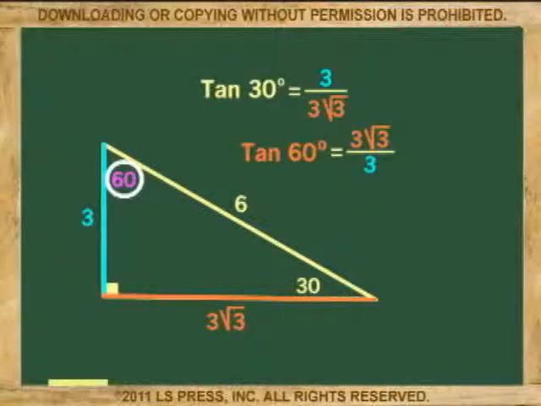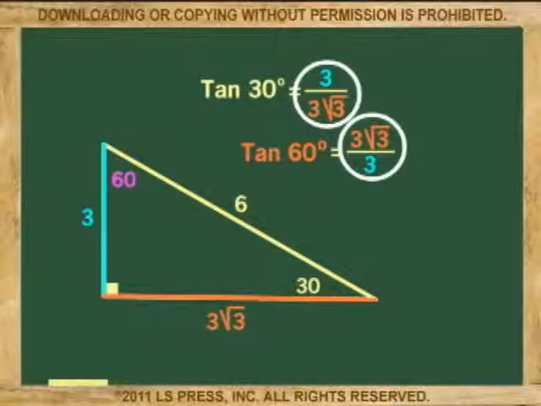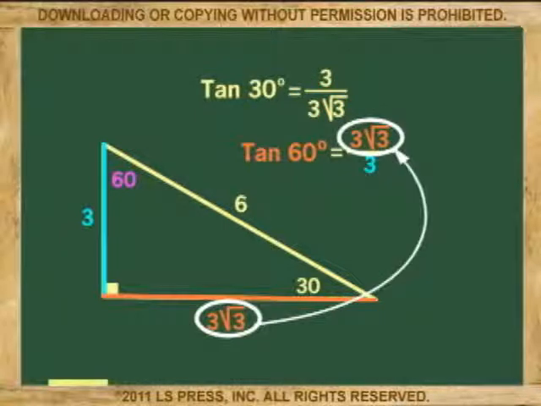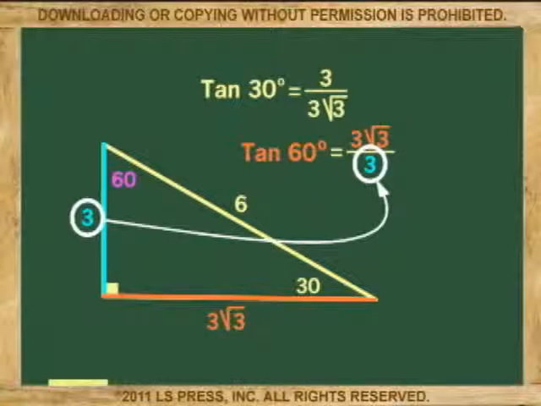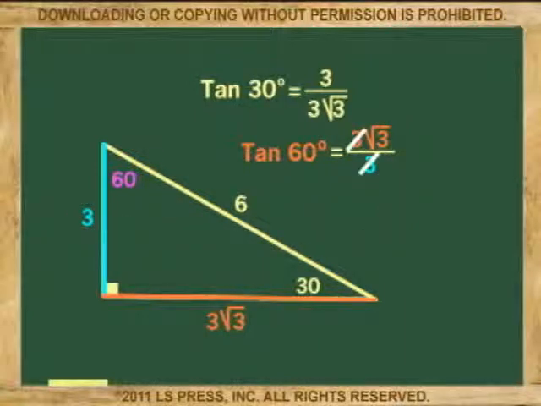And in the tangent of 60 degrees, we flip the numbers to make it the reciprocal of the tangent of 30 degrees, or 3 root 3 over 3. Again, canceling the 3's, it becomes the square root of 3, which is 1.7321.